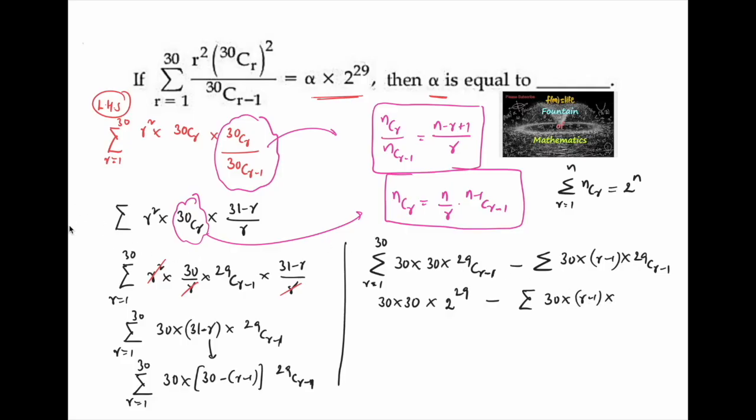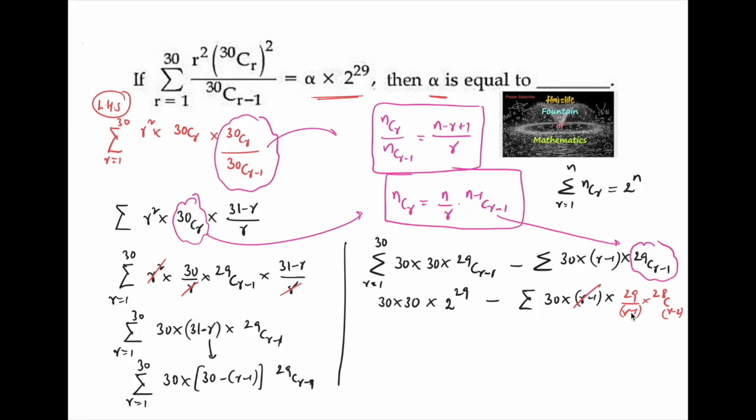Let us try to cancel this r minus 1 again by applying the property on 29c r minus 1. Use this property again. So we can write 29 by r minus 1 into 29 minus 1 c, r minus 1 minus 1, that is 28c r minus 2.